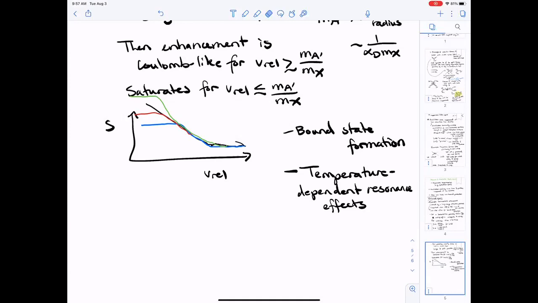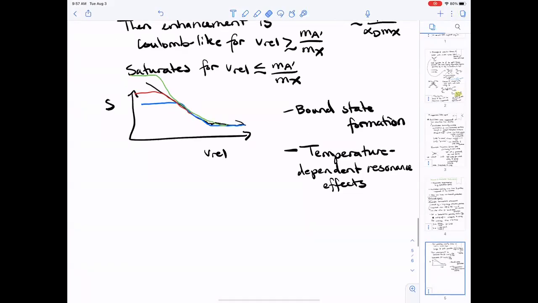Question? Yeah, nice question. I was basically assuming that the interaction responsible for the annihilation is different from the interaction responsible for this attractive potential. So the question is, is the interaction responsible for the annihilation different from the interaction responsible for the potential? It can be, it doesn't have to be. I can give you a case where this comes up, thinking about weakly interacting dark matter particles.